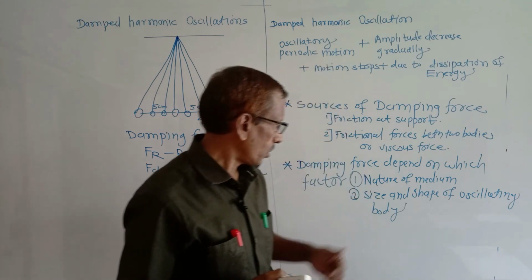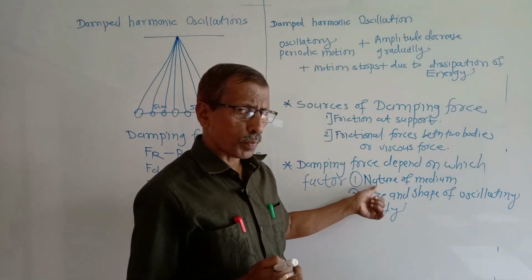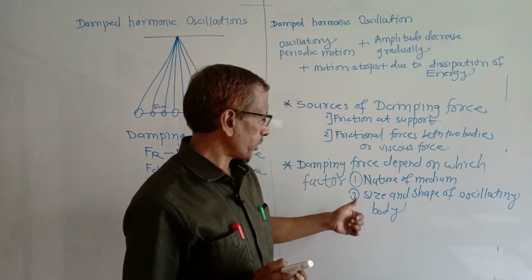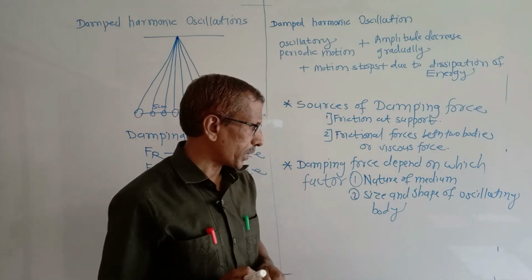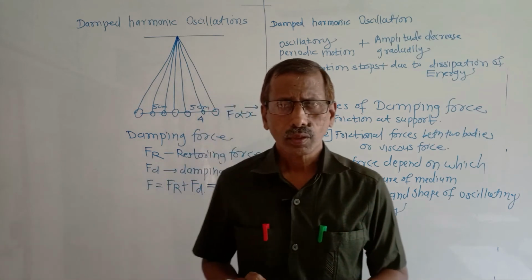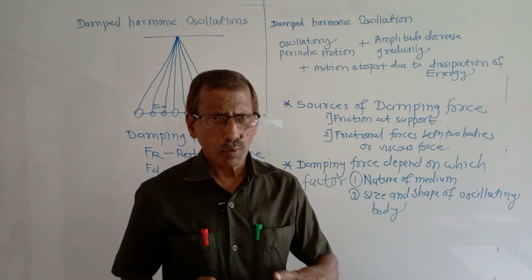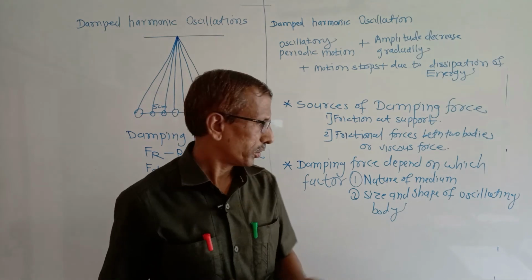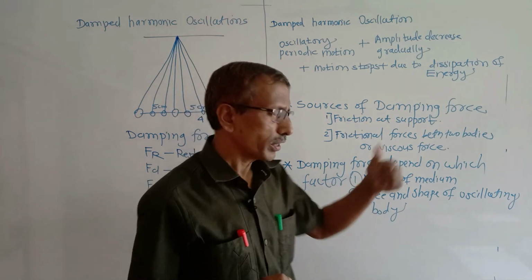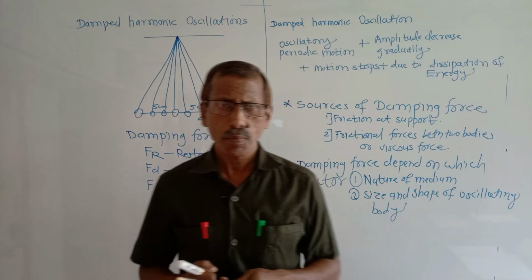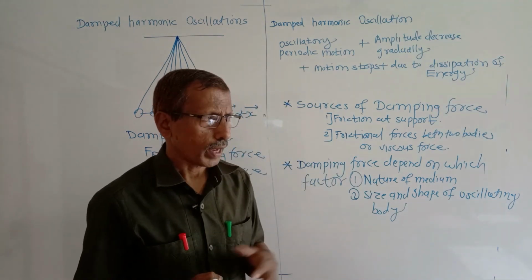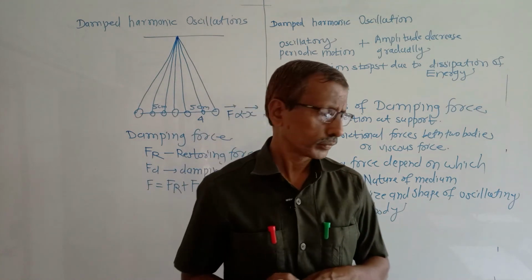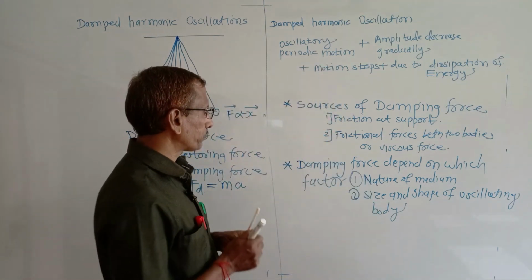So it depends upon the nature of the surrounding medium. The second factor is the size and shape of the body. When the size of the body is high, the damping force is also high. So these are the two factors on which damping force depends: the nature of the surrounding medium and the size and shape of the oscillating body.